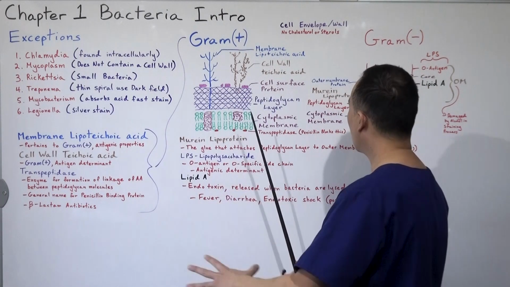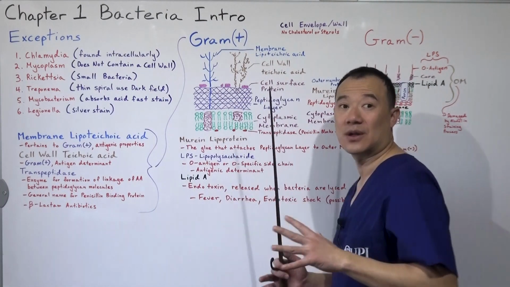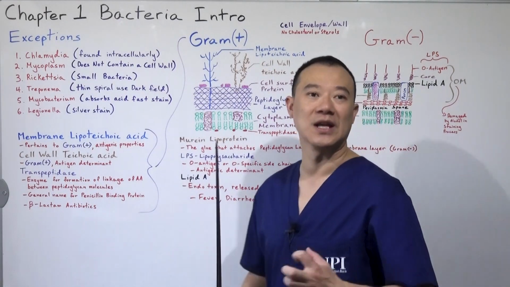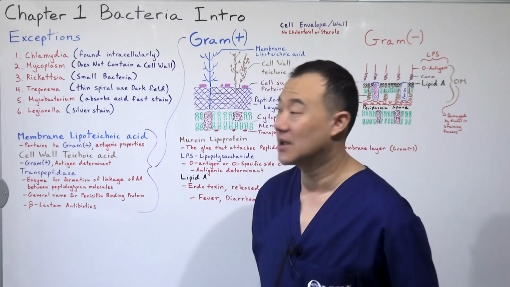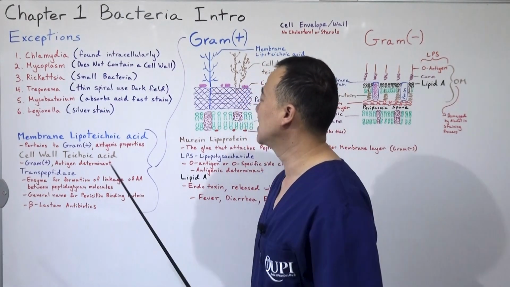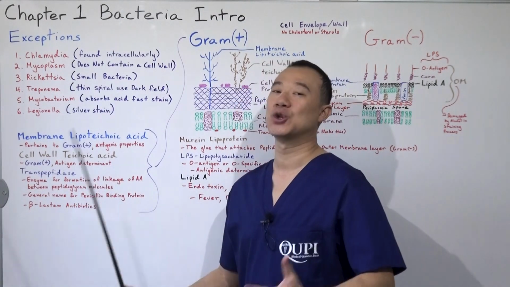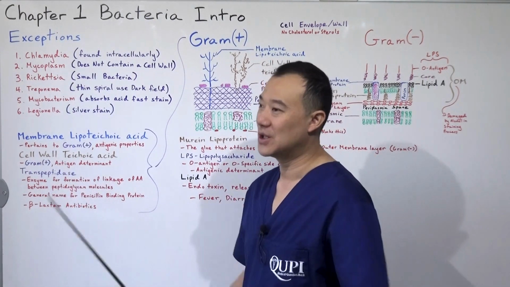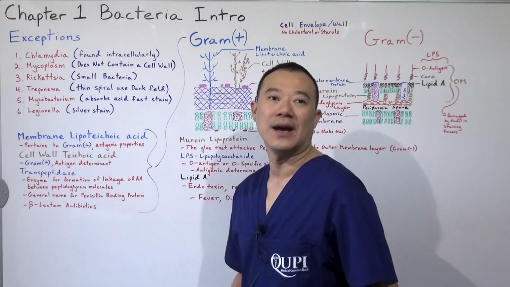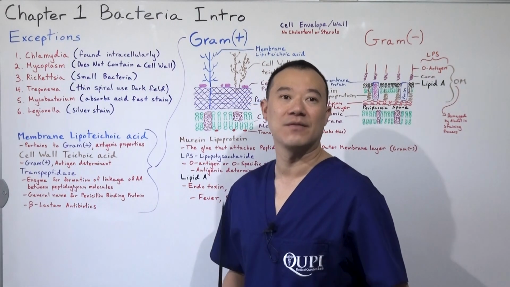Alright, lots of glossary terms here, lots of big medical words. You know I love big medical words because I get to explain them. Let's explain them right here. Membrane lipoteichoic acid. It pertains to gram-positive. So here are your answer choices when you get a question regarding a gram-positive bacteria.